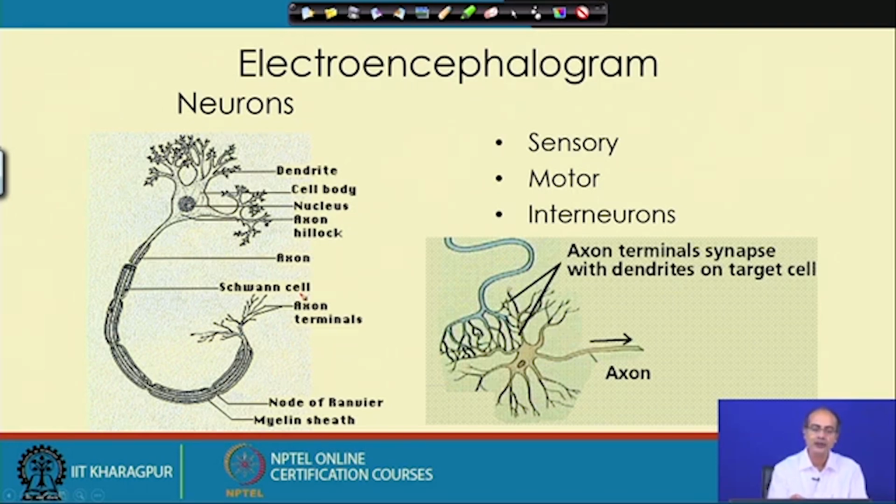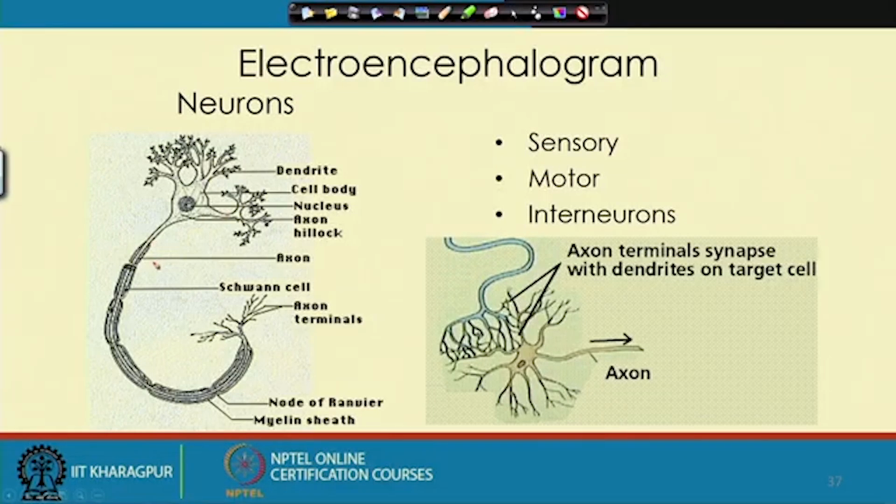There are a number of neurons whose dendrites terminate on the skin. So, whenever someone touches us or we touch some other object, that sensation comes to the dendrite and is passed on to the neuron, and that signal goes to the central nervous system.